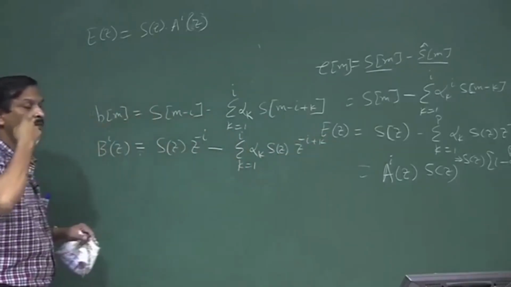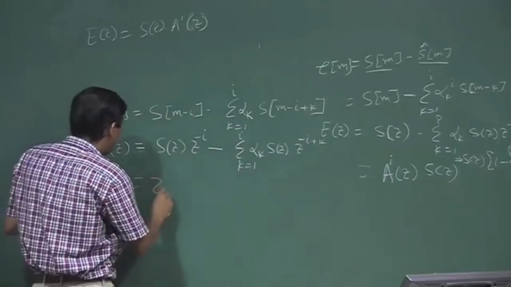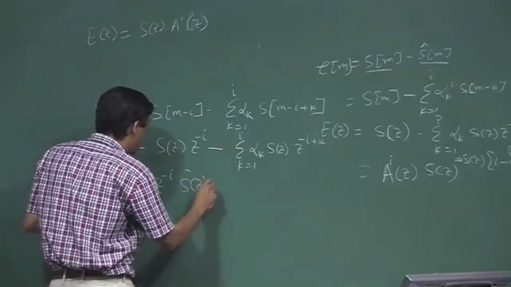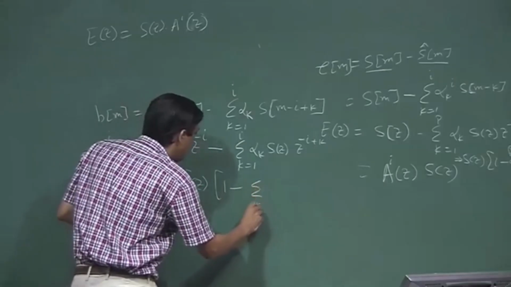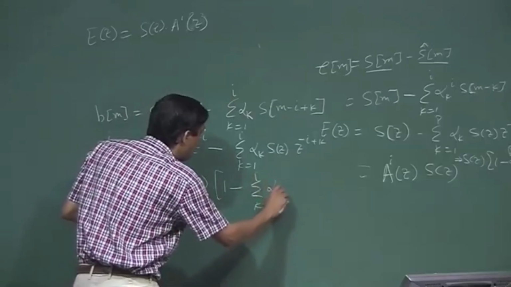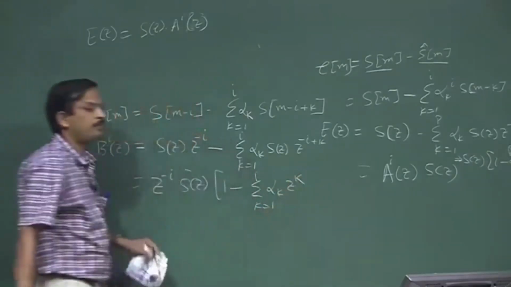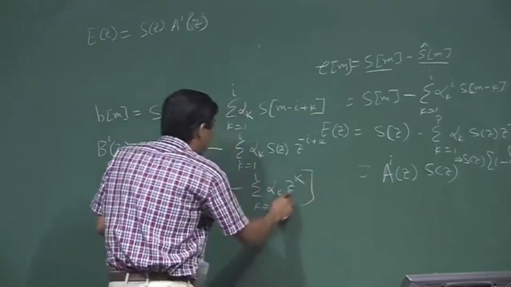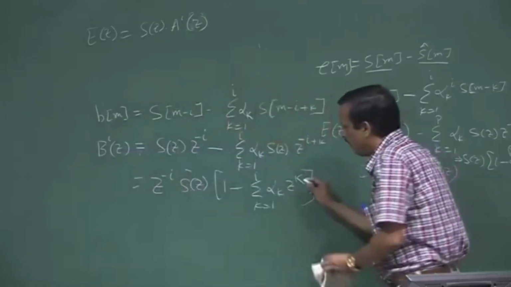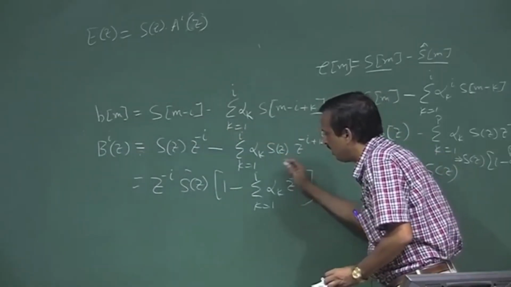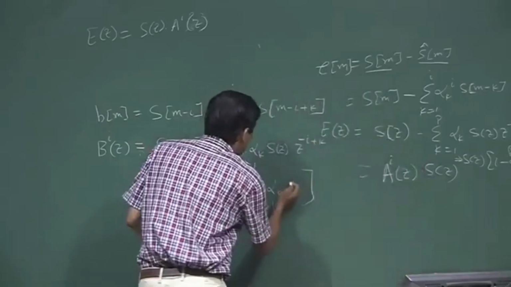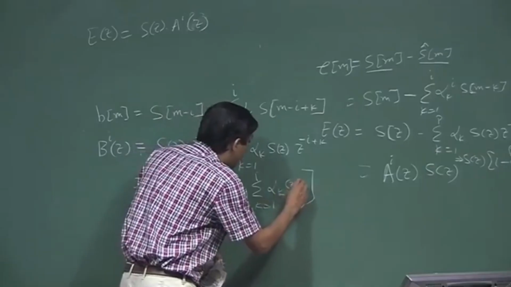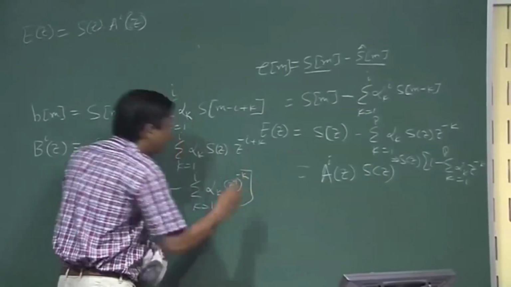I can take z to the power minus i and S(z) out, then it is 1 minus the sum over k equal to 1 to i of alpha k z to the power k. And z to the power k is nothing but z to the power minus 1, to the power minus k.